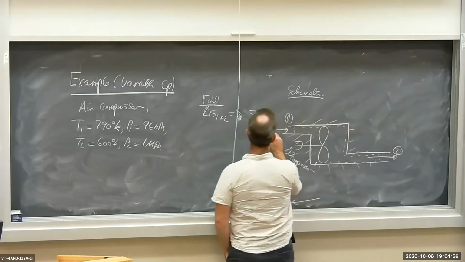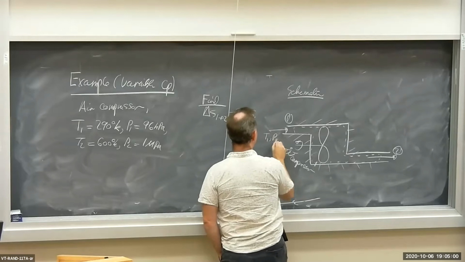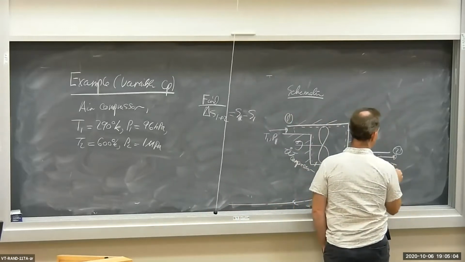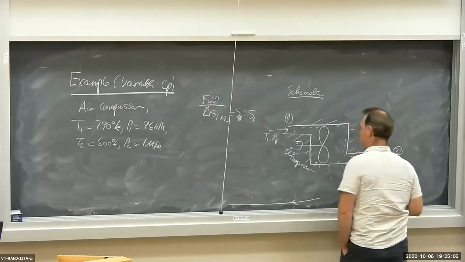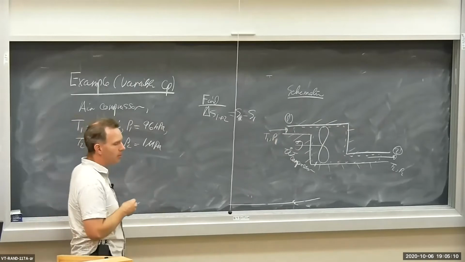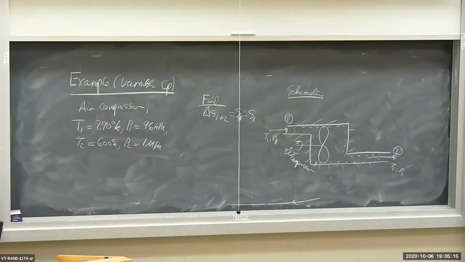So at location 1, the air has a temperature T1 and a pressure P1. And at location 2, the outlet, the air has a temperature T2 and P2. Now the air compressor does work on the air, compressor work, to pressurize the air and heat it up as a result.